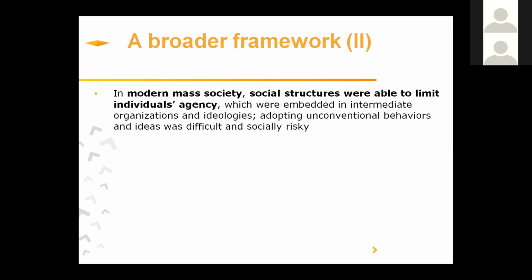People were part of given organizations, given social structures: families, groups, classes. And social structures were represented by the social institutions of modernity, like politics, science, religion, the state, and so forth. So in modern mass society, adopting unconventional behaviors and unconventional ideas was difficult and socially risky for individuals.